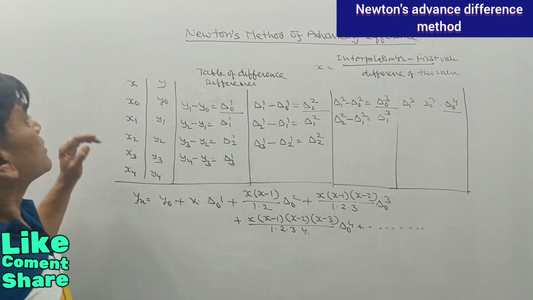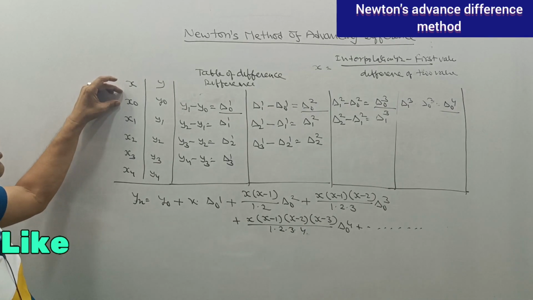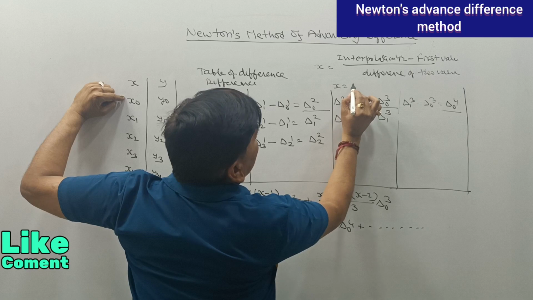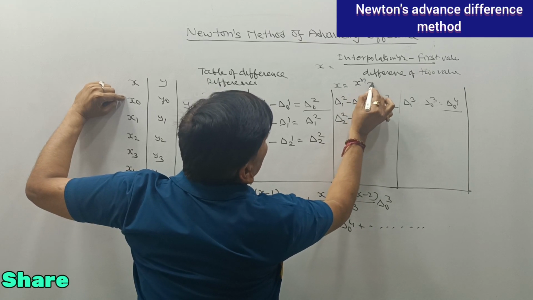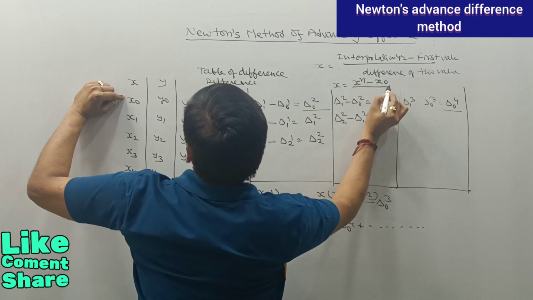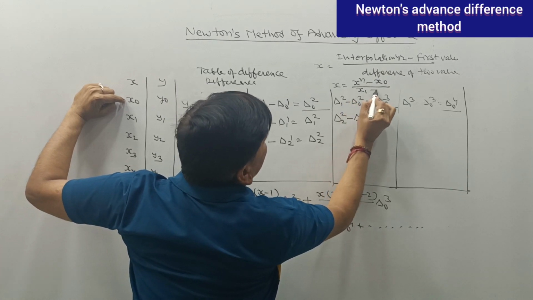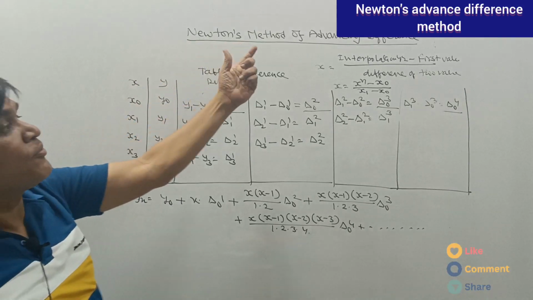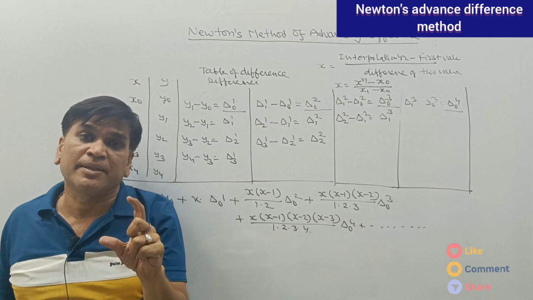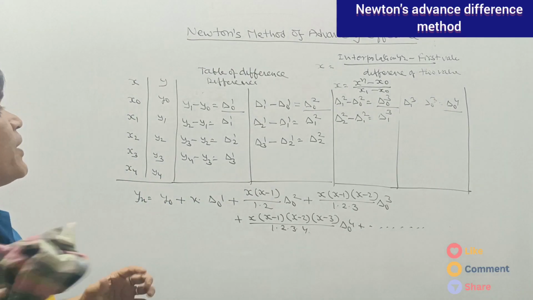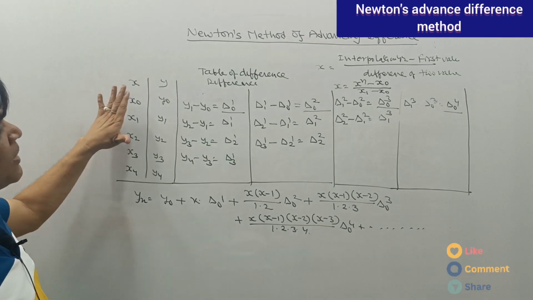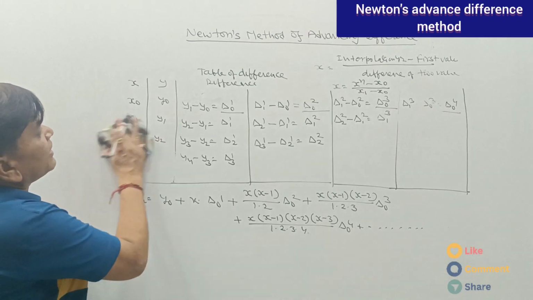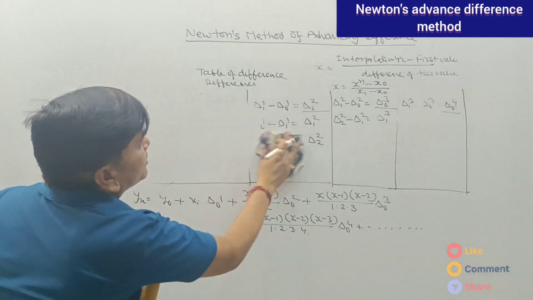It means the value of x is x asked minus the first one, x0, divided by x1 minus x0. So first, for which year do we require the interpolation? For getting the value of x, you may know the difference. When we do the question, we will learn again how to calculate the differences.